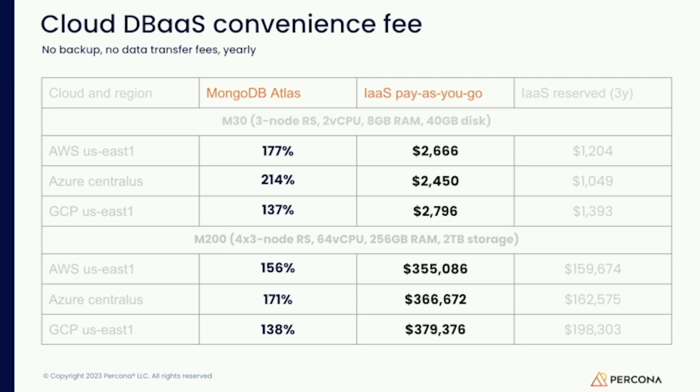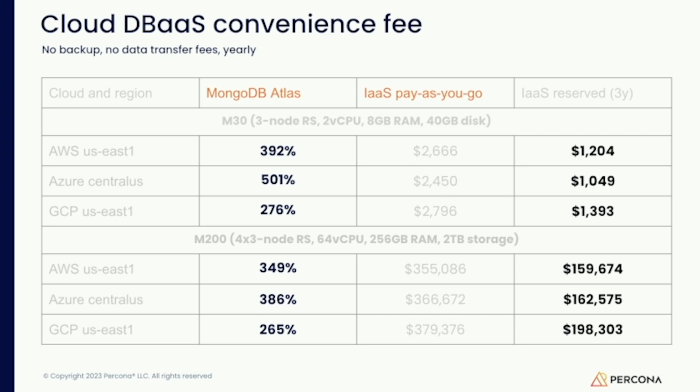If you think about the extra you're going to pay on MongoDB Atlas versus just pay-as-you-go resources from the cloud provider, you will see that this ranges anywhere between almost 40% to 177% or 200% even in some cases. And this is true regardless of the size, because this premium fee, this convenience fee, grows with it.